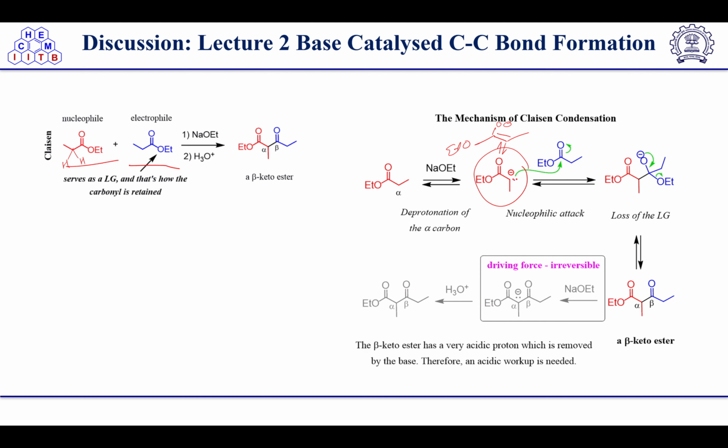Both are same. So it will attack the carbonyl center of the other ester, and it will open. Then O minus will push back to knock out this O ethyl group. The ethoxy group will knock out to give the corresponding alpha beta keto ester. So by the Claisen condensation reaction, you can get the alpha beta keto ester.